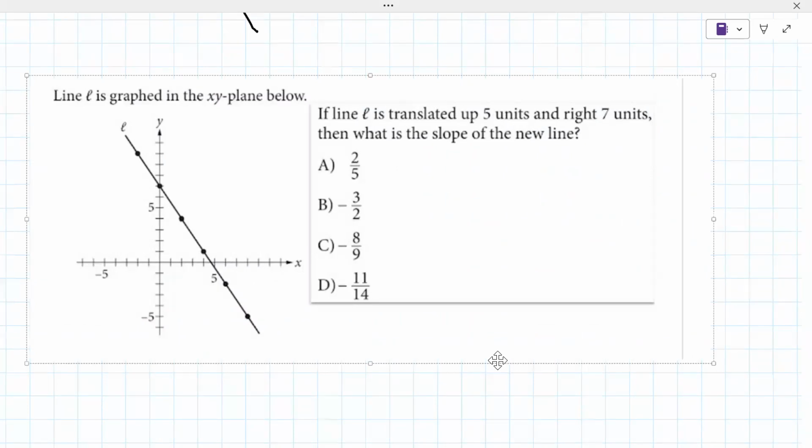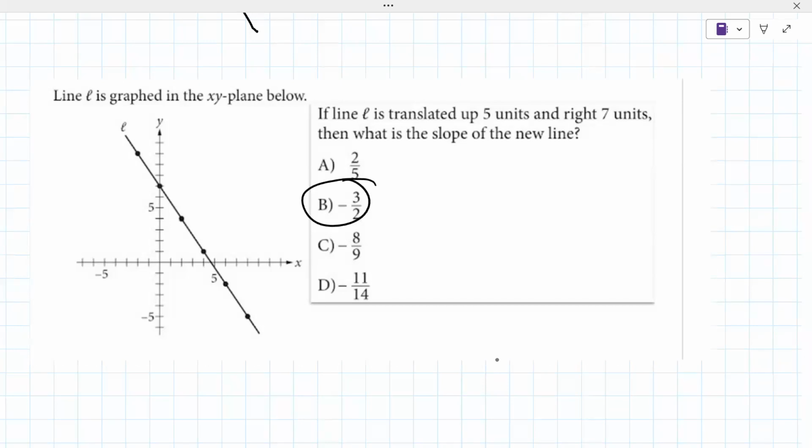The new line is parallel to the old line. So it's still -3, so it's B. Yes. All right, very good.